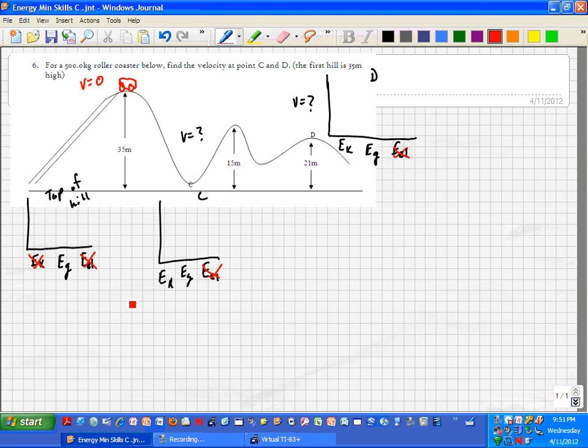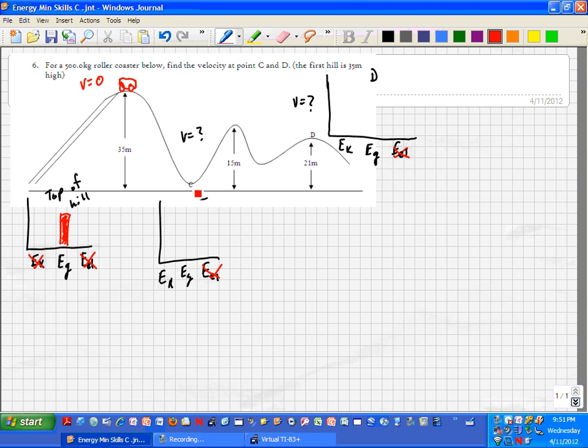I purposely didn't put E internal in any of these because we said that roller coasters, unless it specifically says that there's friction, we're going to assume that there is no friction. Here, there's nothing about friction, so we're going to assume that it's frictionless. So that means that at the top of the hill, all of our energy comes from gravitational. So all of it's gravitational.